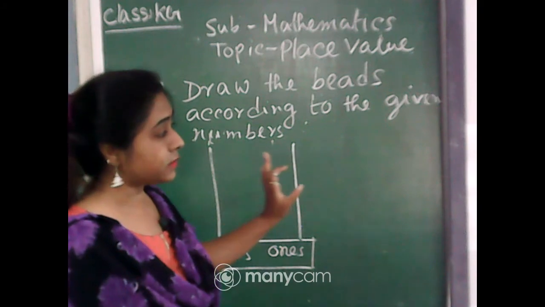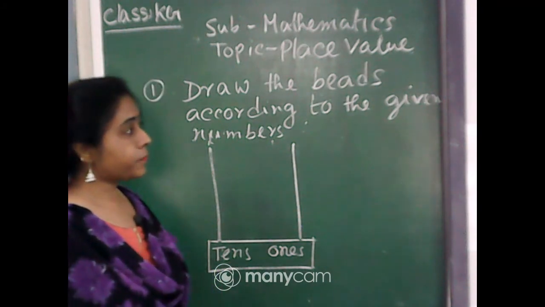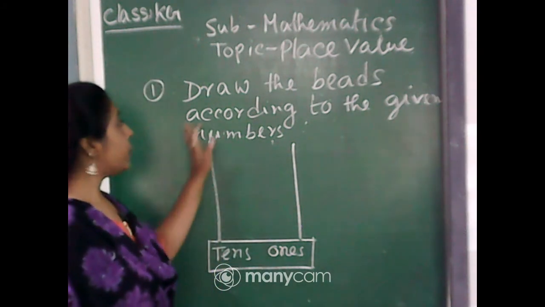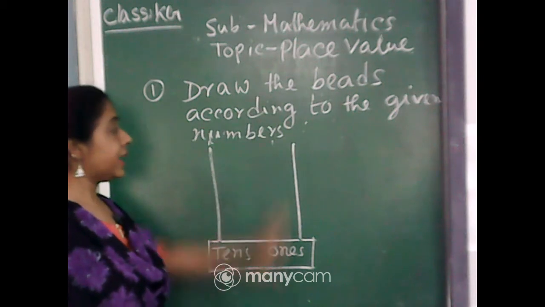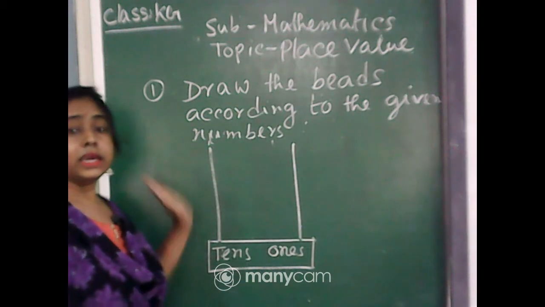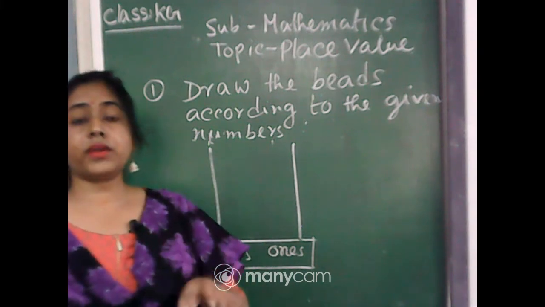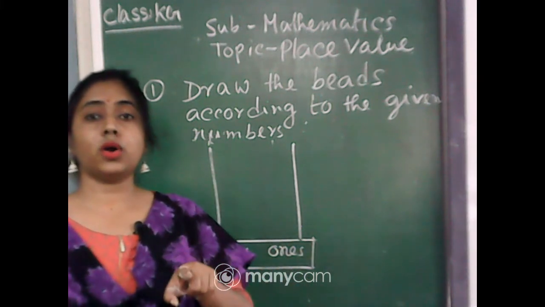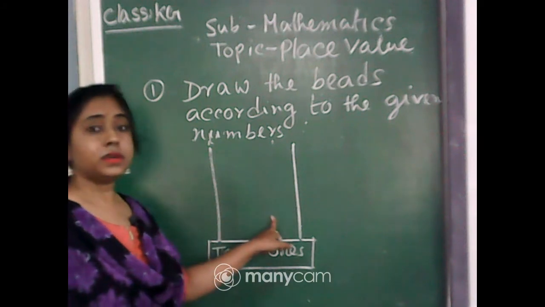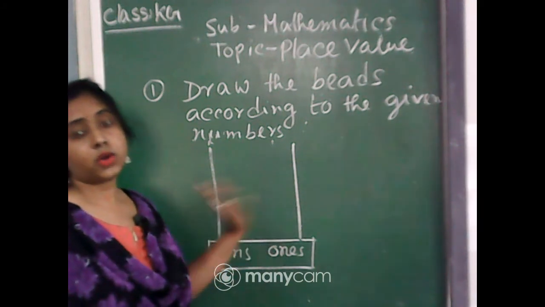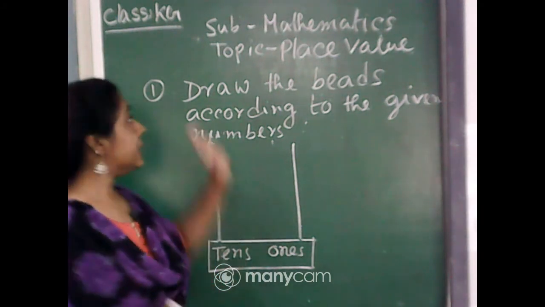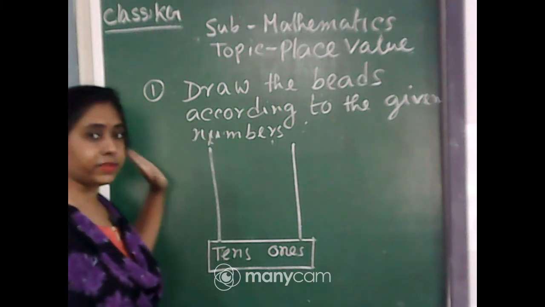Draw the beads means here is nothing. You will draw according to the question or according to the number. You will draw how many beads are required in this rod. That is our first activity.